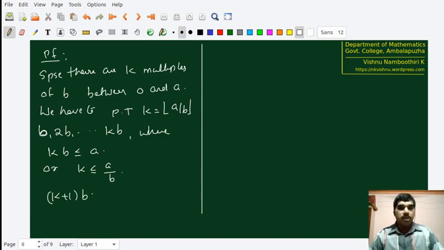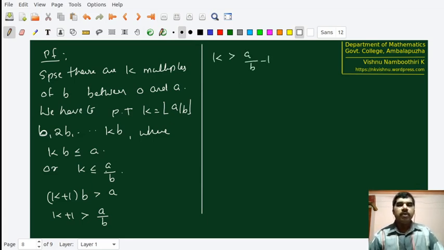Is it going to be less than or equal to a? No, because if that is the case, then there will be k plus 1 multiples of b less than or equal to a. Therefore, this has to be strictly greater than a, or k plus 1 has to be greater than a by b, or k has to be greater than a by b minus 1.